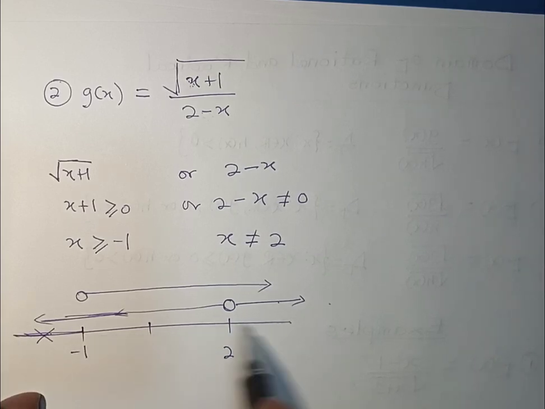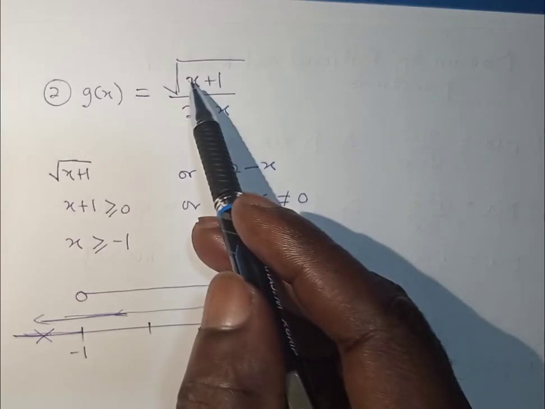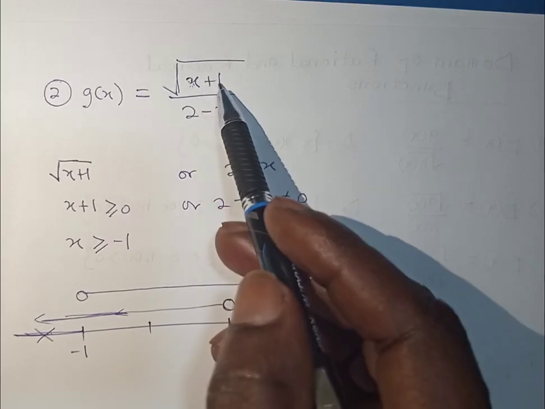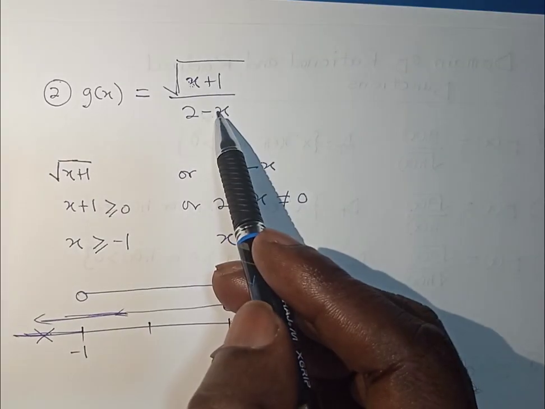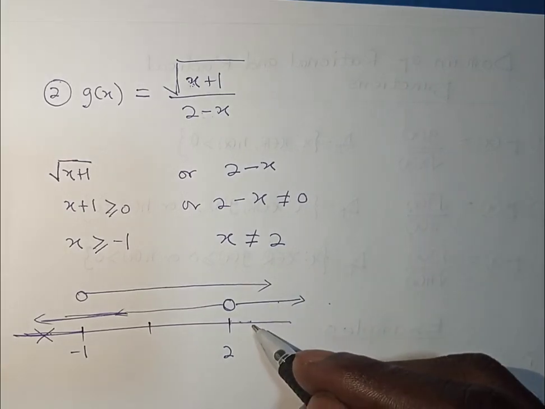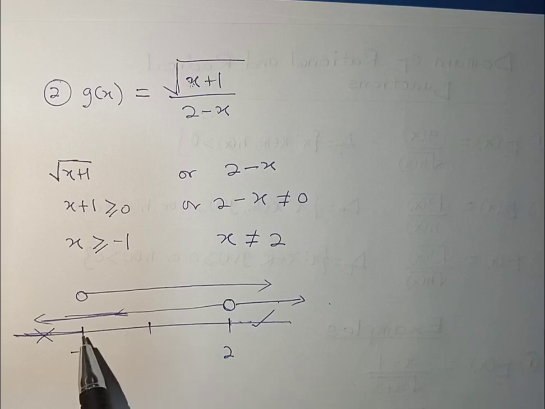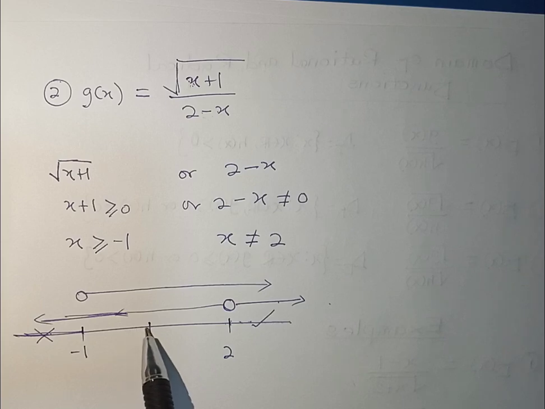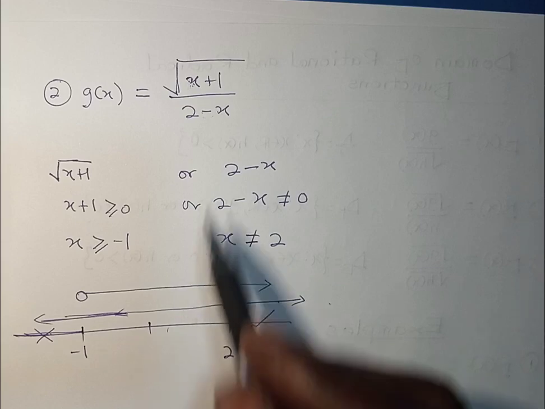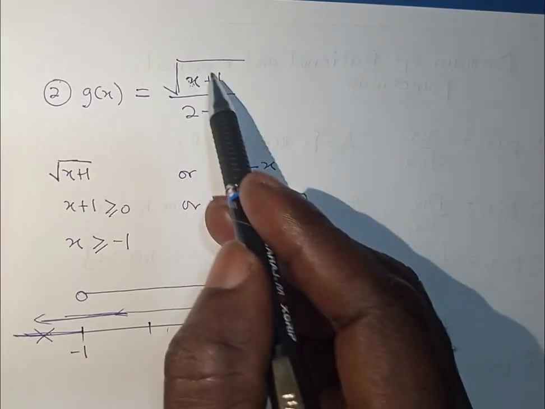Okay, now let's also consider this region. After 2, if I pick any value, let's say 3, and substitute it here, is the function going to be defined? Yes. If I put it here, is the function going to be defined? Yes. So it means that after 2, this region will also satisfy. What about from 1 to 2? If I pick any number, let's say 1, and substitute it here, will the function be defined?